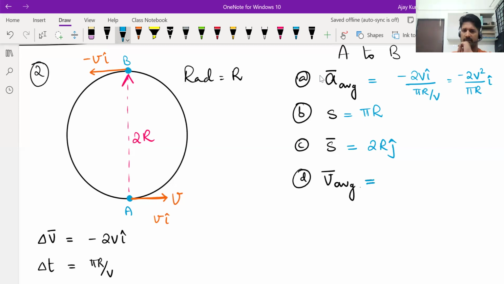Tell me how you calculate it first. The total displacement by total time. Correct. Total displacement is 2r j cap divided by total time taken, pi r by v. So it goes to the numerator. 2v by pi j cap meters per second. That's the average velocity.